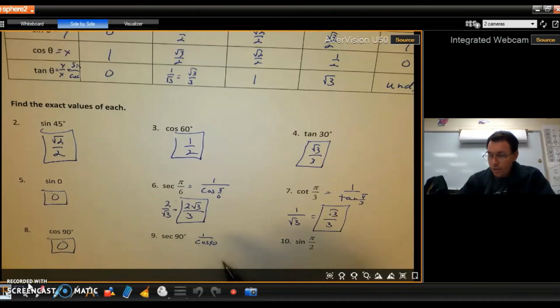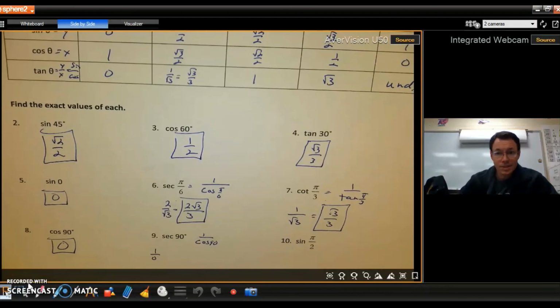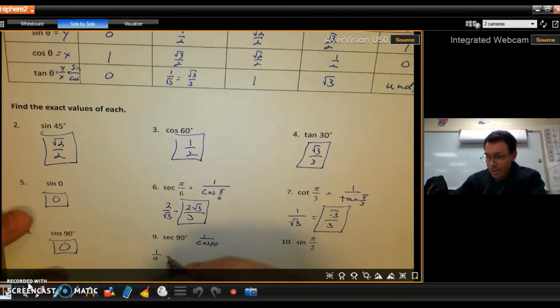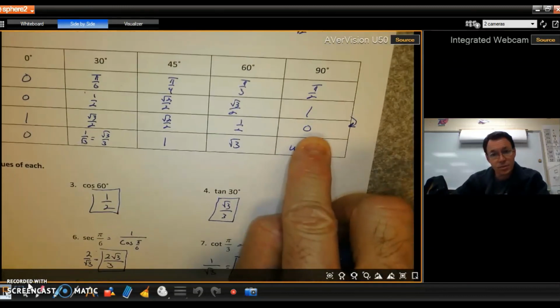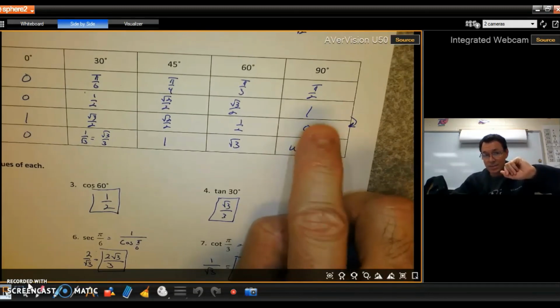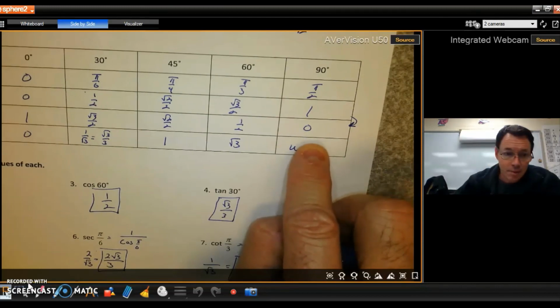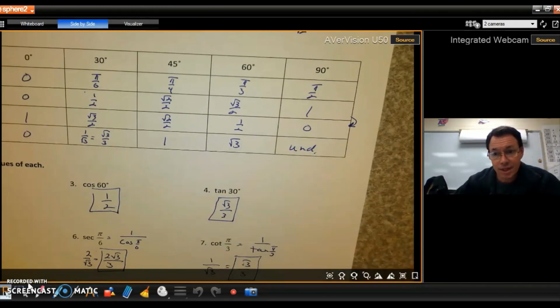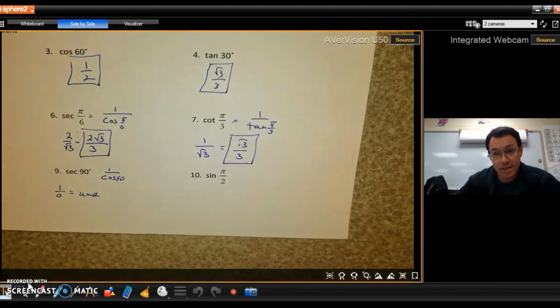I would have 1 over 0. That's undefined. You can't divide by 0. The reciprocal of 0 is undefined. This is a 0, and there's nothing wrong with that, because that 0 is in the numerator. As soon as you flip it, it moves to the denominator, so that would make it undefined. So the reciprocal of 0 is undefined, and the reciprocal of undefined is 0.